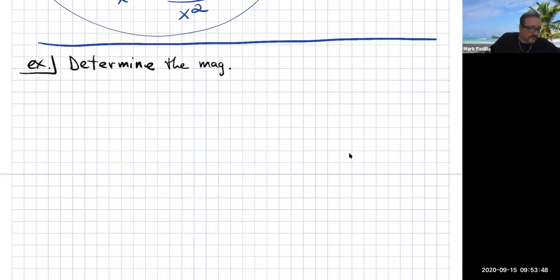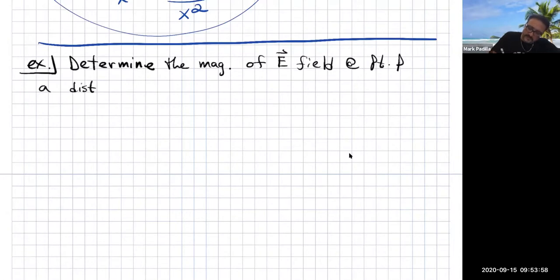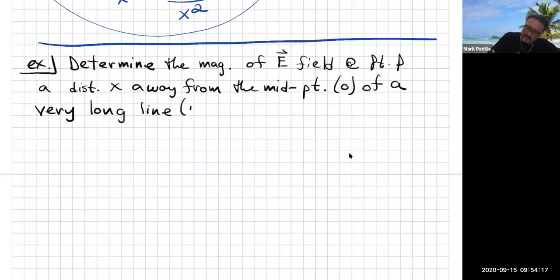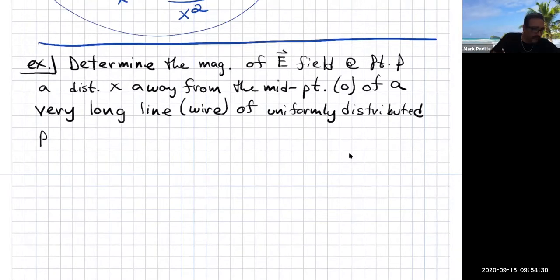The magnitude of an E field at point P, a distance x away from the midpoint O of a very long line wire of uniformly distributed positive charge.